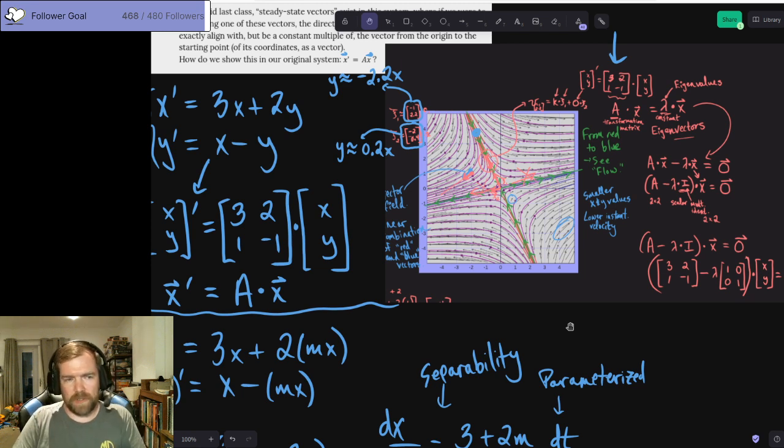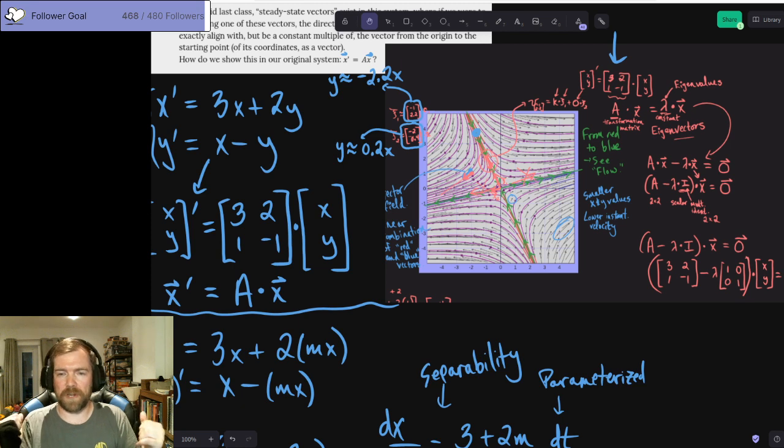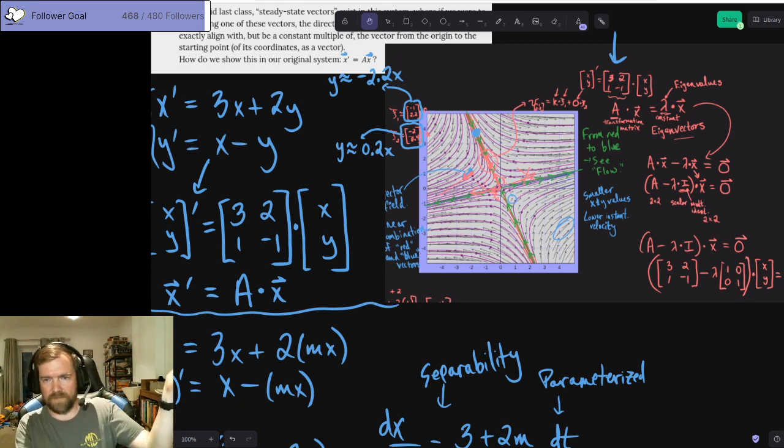So we were talking about how when you're just looking at the steady state vectors, if you were to start exactly on one of them, then what's going to happen is we get a multiple of whatever the vector is to get to that location. And in this particular case, we're also looking at those m values, which show us that the multiple you're going to get along the shallow line, y equals 0.2x, is going to be a positive multiple of that vector because they are pointing outward from the origin.